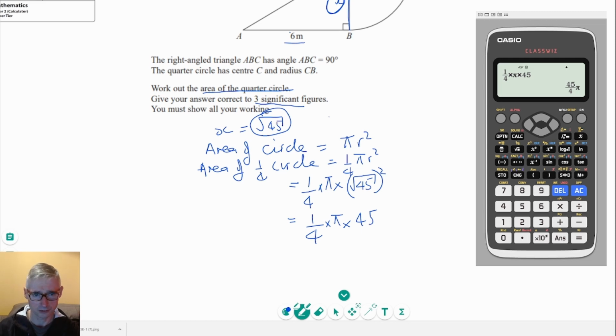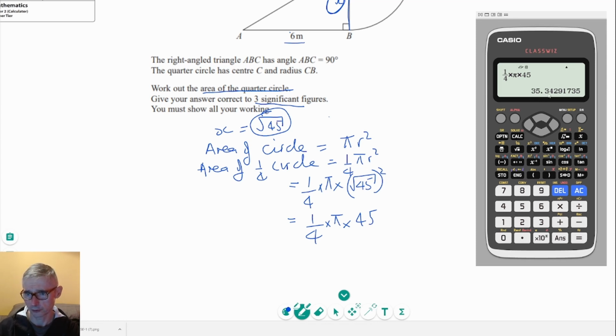But it says to give our answer in 3 significant figures, so it actually wants the decimal value. If I press the SD button, it flips between in terms of pi and the actual decimal. So we've got 35.3429, carrying on there, but we want it to 3 significant figures.